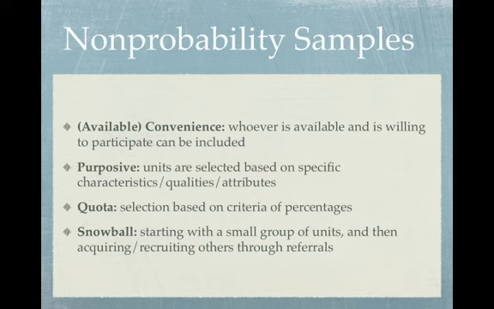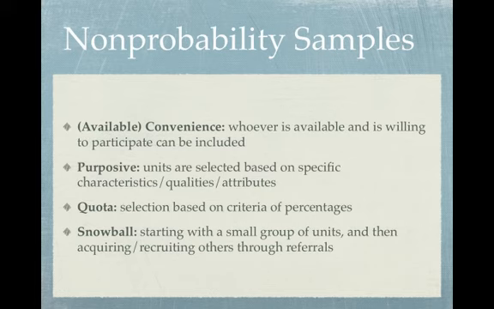For example, if I want to do a study on how women with breast cancer respond to media messages related to breast cancer, then I need to only recruit a specific purposive sample of women who identify as having breast cancer.